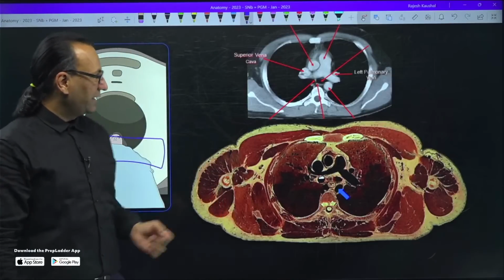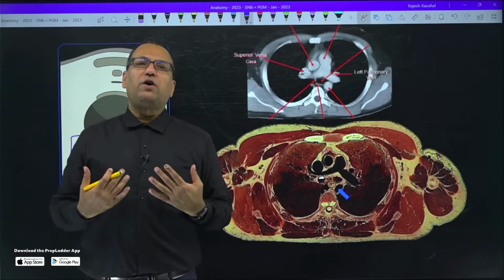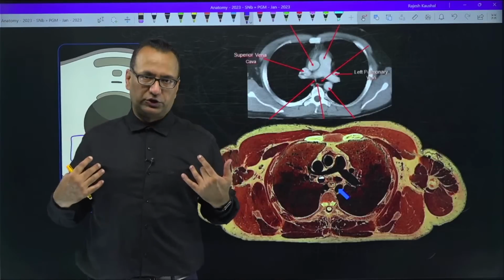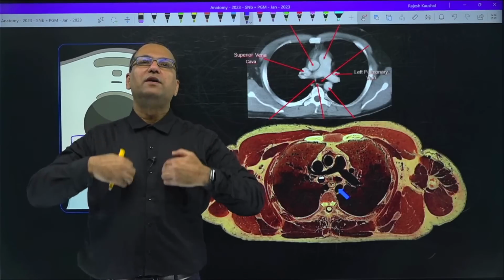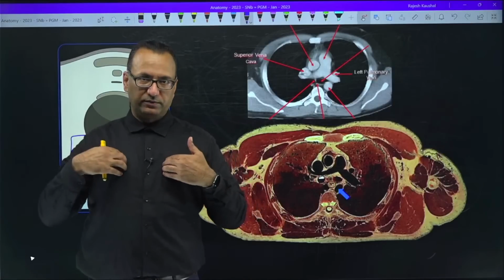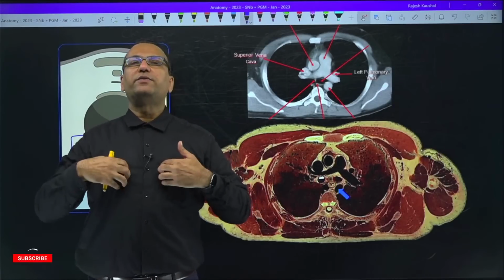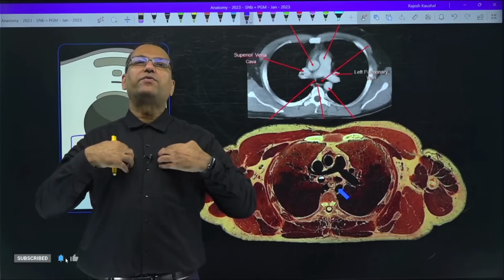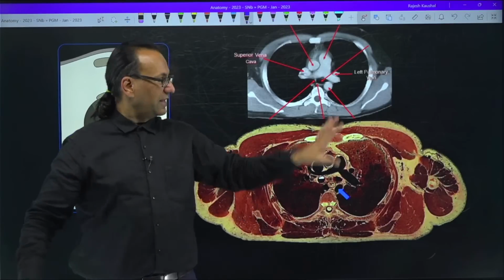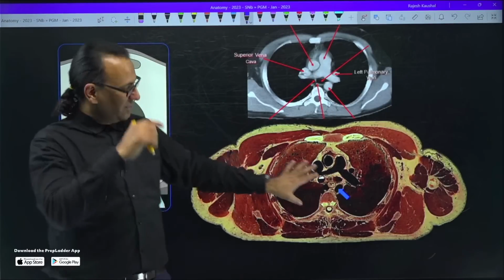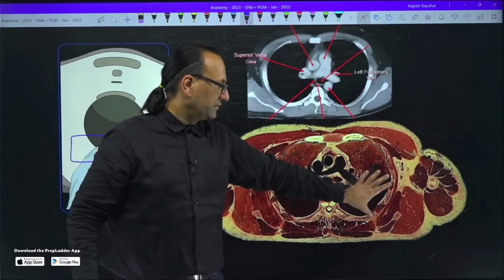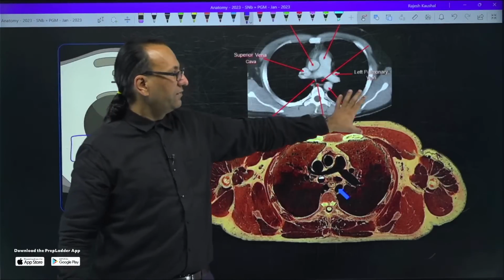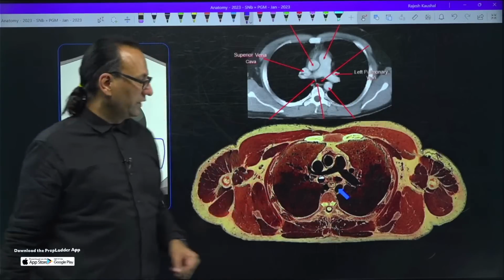Like recently they are asking, what is the arrangement of pulmonary vein, pulmonary artery and bronchus at the lung hilum, anterior to posterior? That can be answered here itself. This is the actual dissected specimen which anatomy people can give. This is what the radiology people can give, and they are the same diagrams actually.